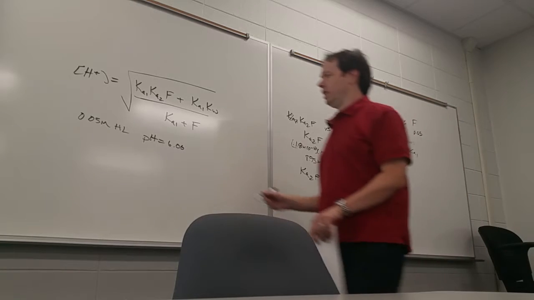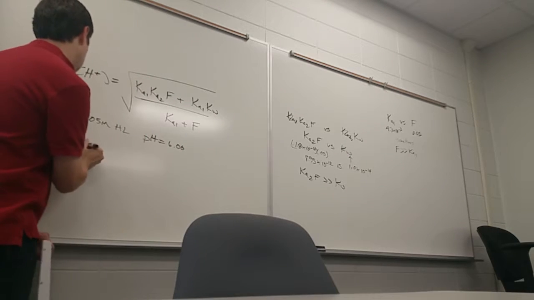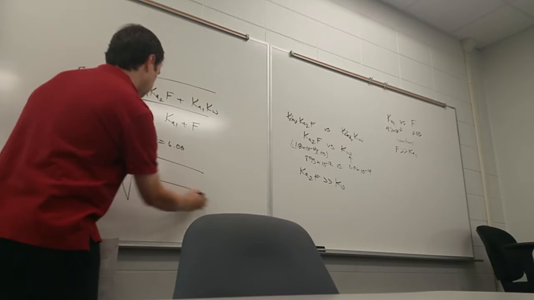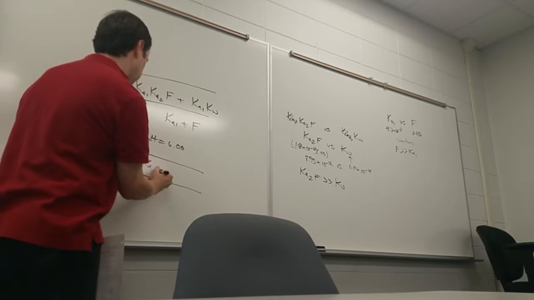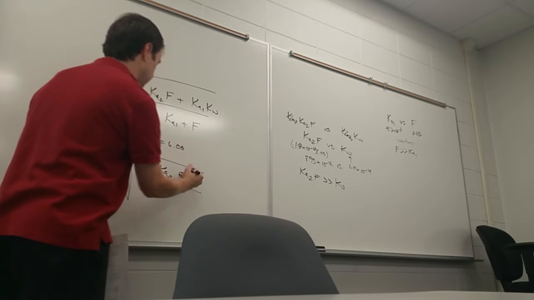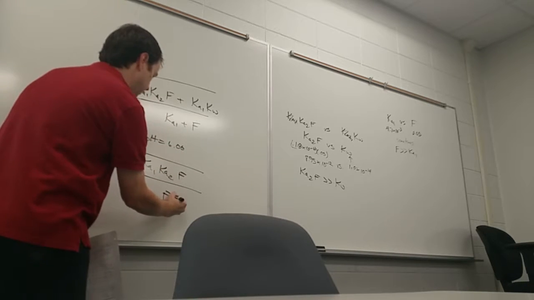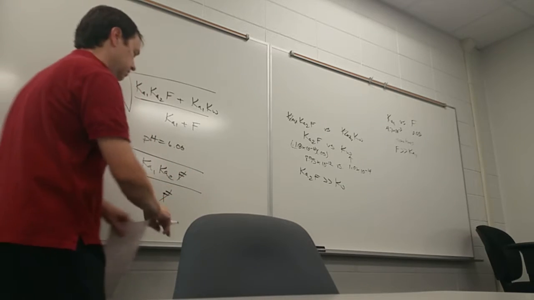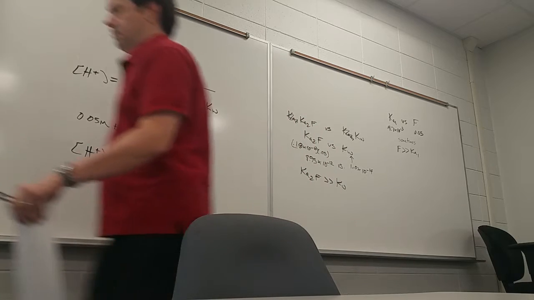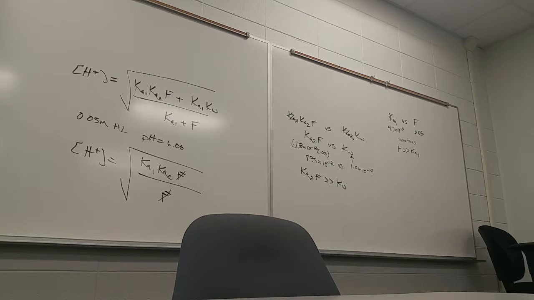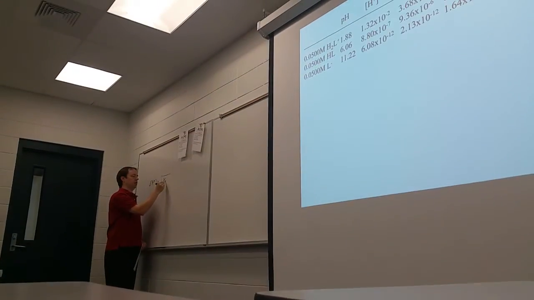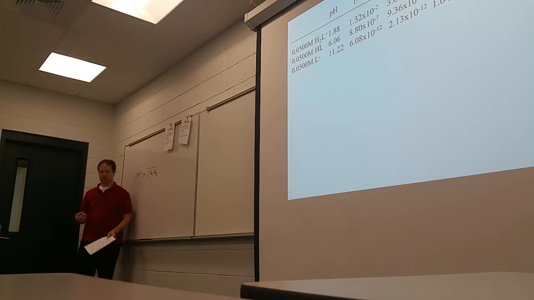So if we rewrite this equation again to take into account what's really happening, the top term is now Ka1 times Ka2 times F over F. And you say, okay, I got an F here and I got an F here, we'll get rid of those. And H plus equals the square root of Ka1 times Ka2.